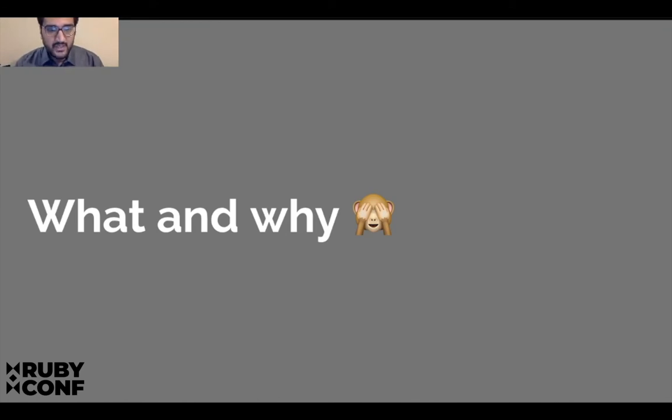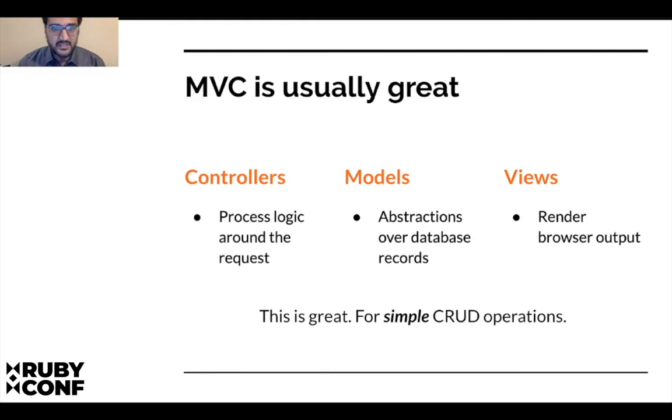So, when we discuss Ruby on Rails in general, it's an MVC framework, and MVC is usually great for simple CRUD applications. We have controllers that process logic around requests, models that are abstractions over database records, and views that render browser output, and this is a great model.